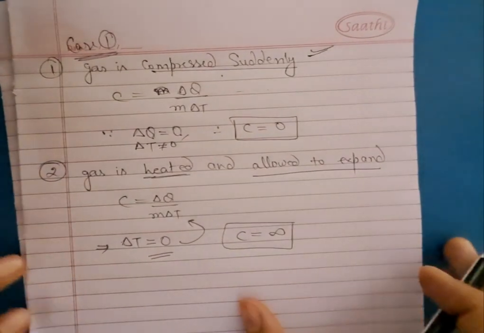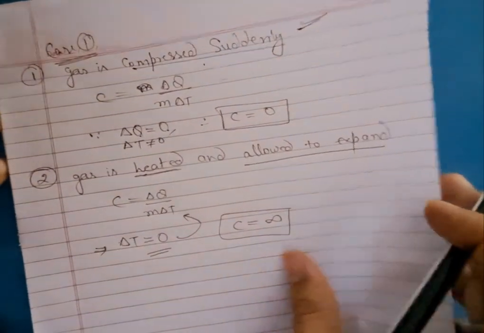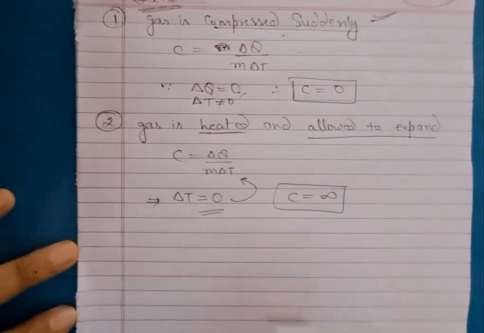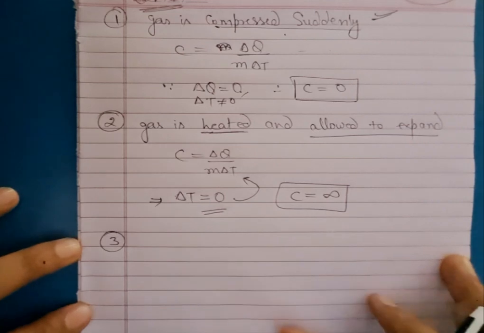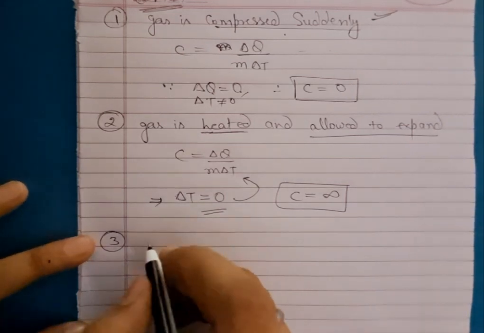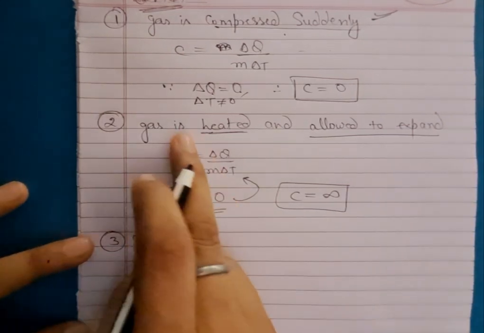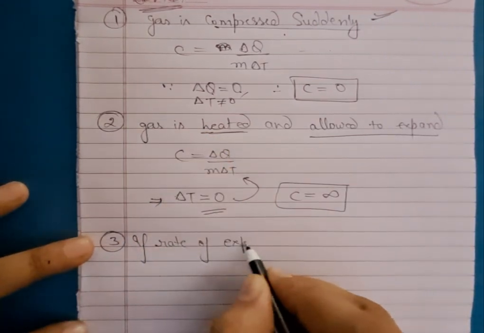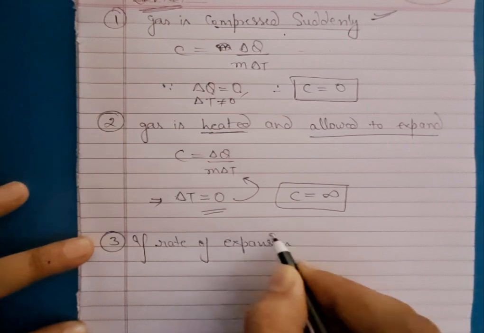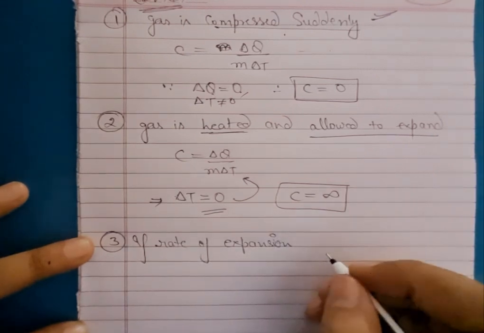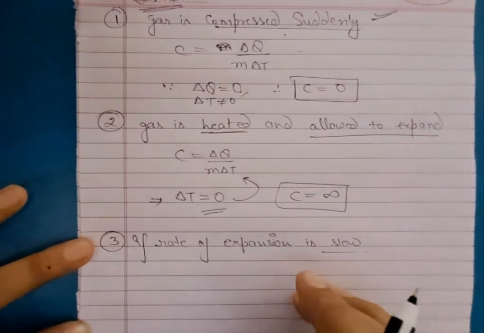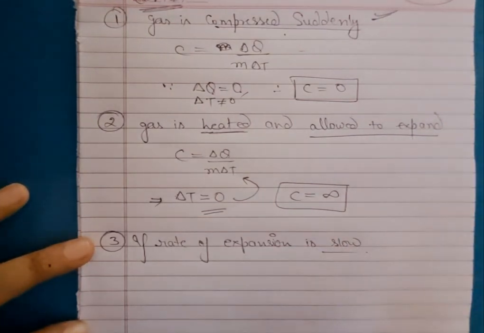So in this case, the specific heat of gases is infinite. Now third case. The third case is the same thing, but if the rate of expansion is slow, means it is allowed to expand but slowly, not as per the temperature.